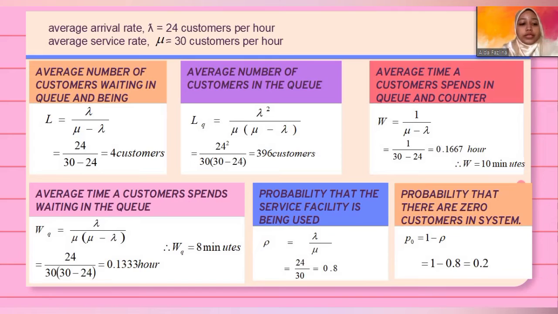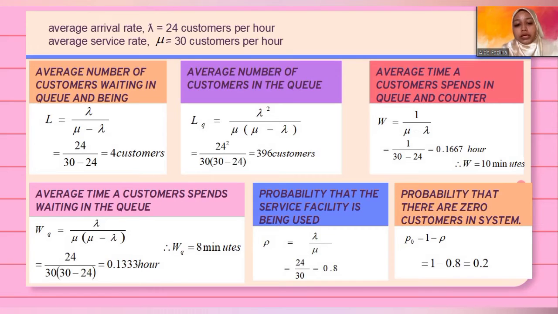Fourth, average time a customer spends waiting in queue by using the formula WQ equals lambda over mu times mu minus lambda. And the answer is 0.1333 hour. So we can conclude that the average time a customer spends waiting in the queue is 8 minutes.